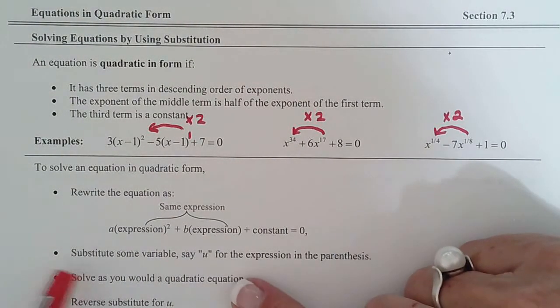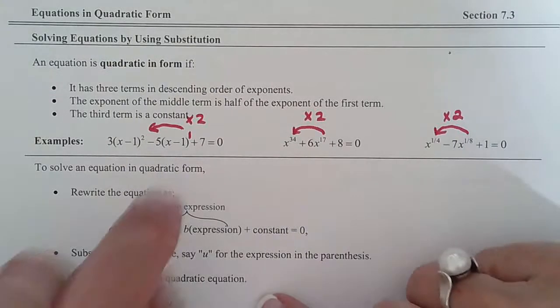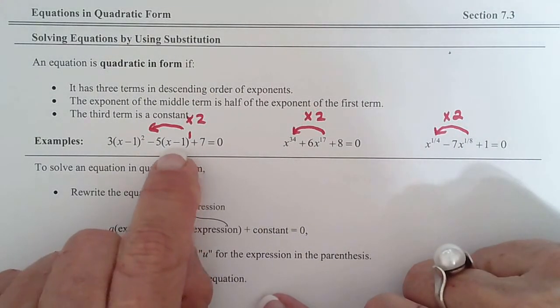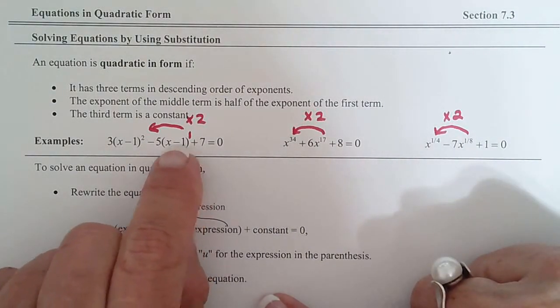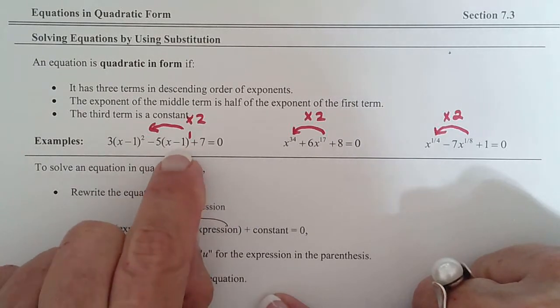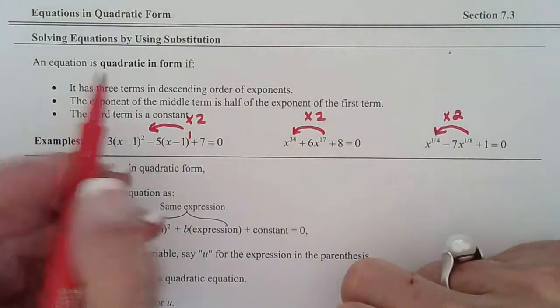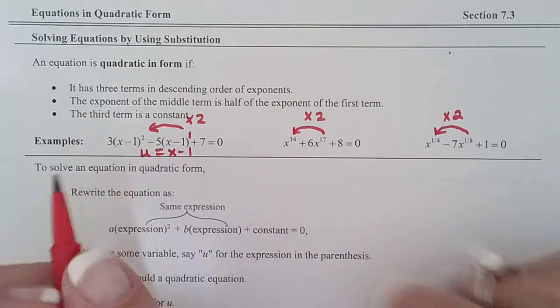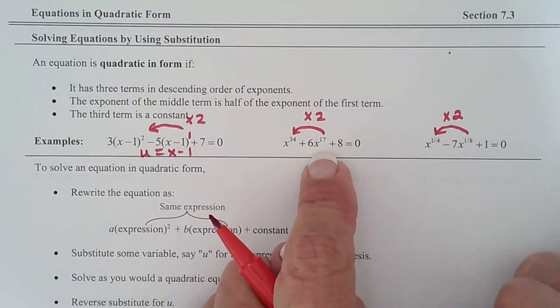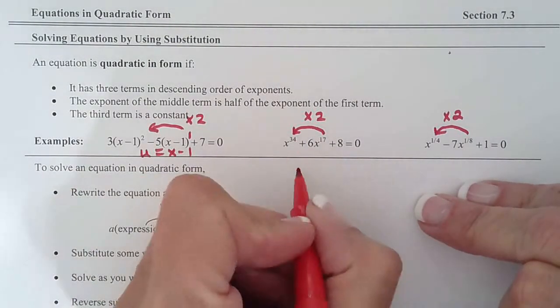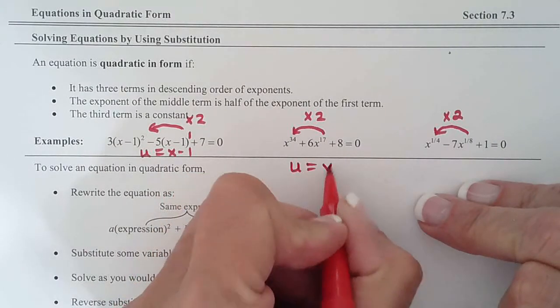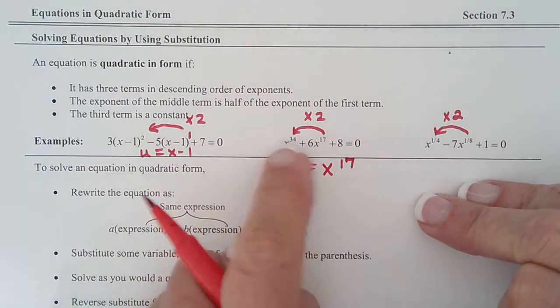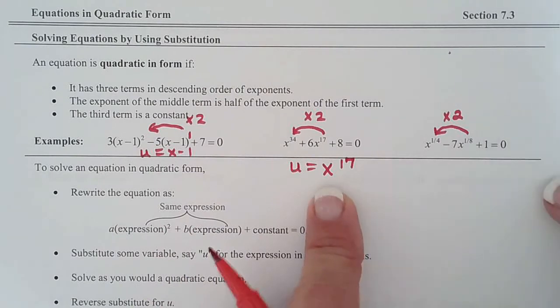I don't know if you guys remember this from when we were doing u substitution: whatever the variable part of the middle term is, that is going to be your u. So on this first one, u is x minus 1. On the second part, u is x to the 17th. So you just take the middle term's variable part, and that's what u is.